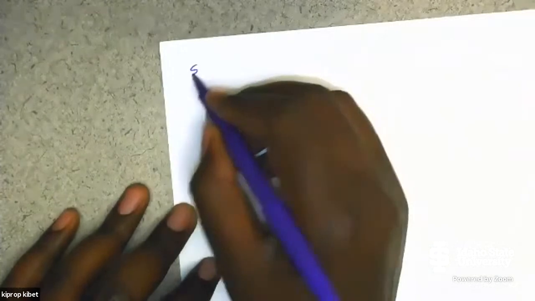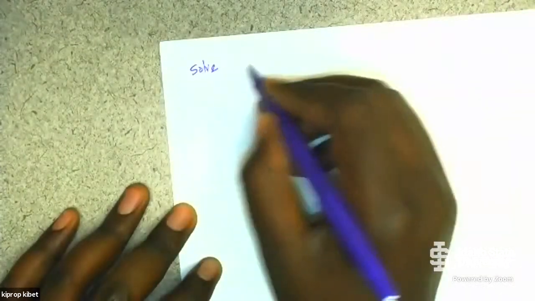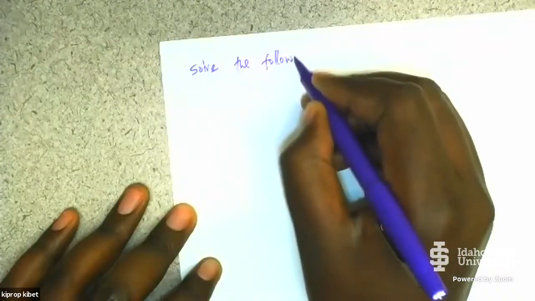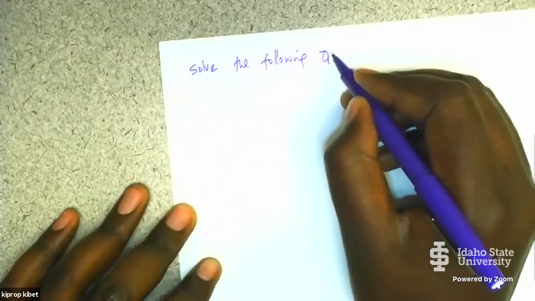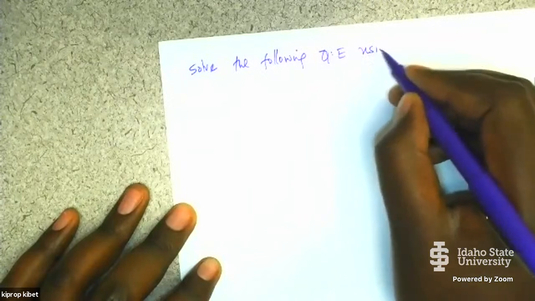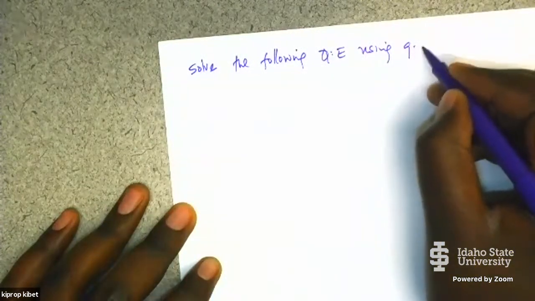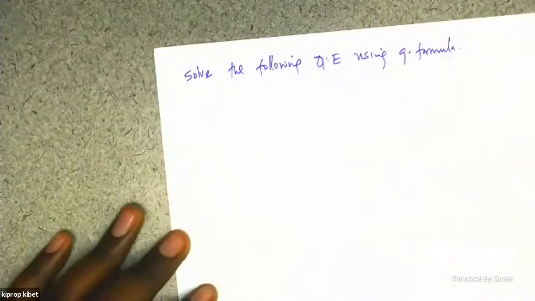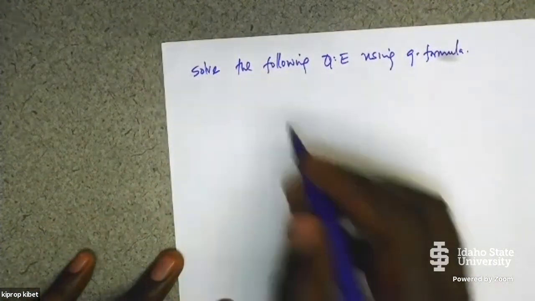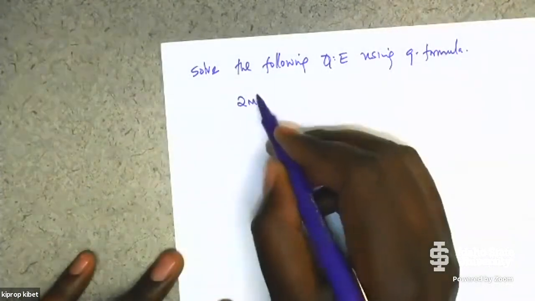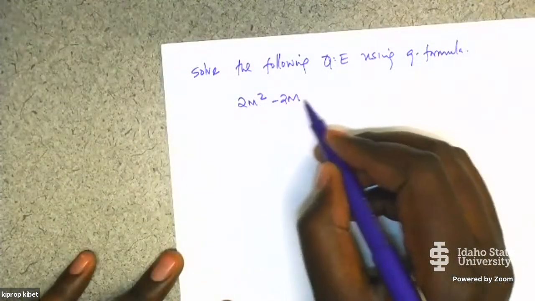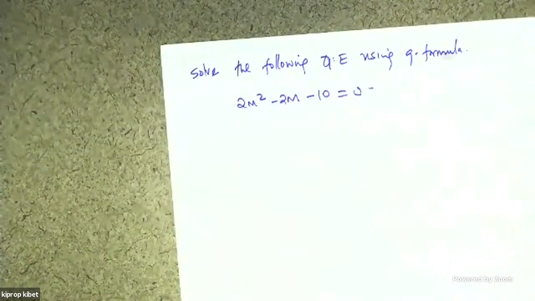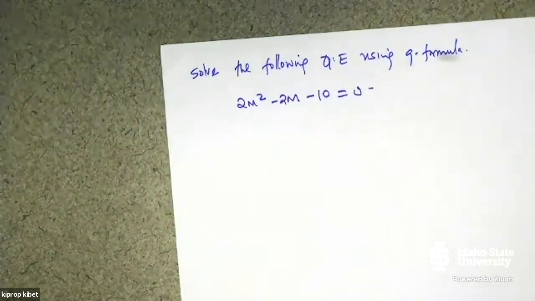Solve the following quadratic equation using the quadratic formula: 2m squared minus 2m minus 10 equals 0.